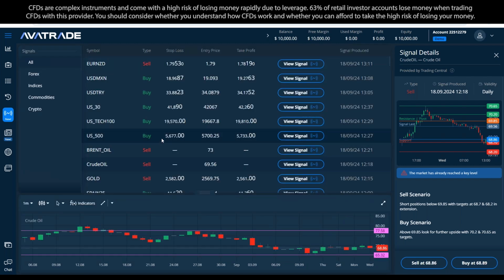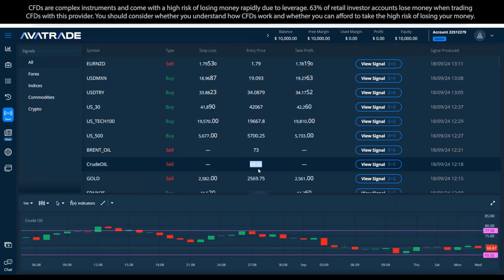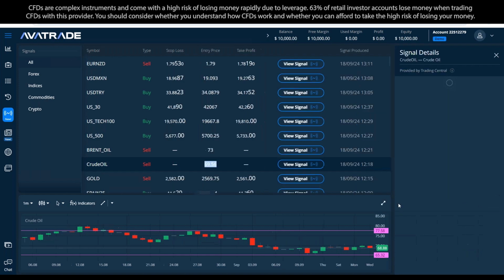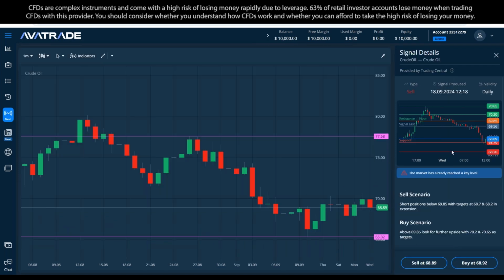In other words, we understand that each signal starts from a certain price, and it's destined to a certain price, presented in here, one for a buy, one for a sell. And once it passes those levels, obviously the signal is no longer viable because the signal has already reached.